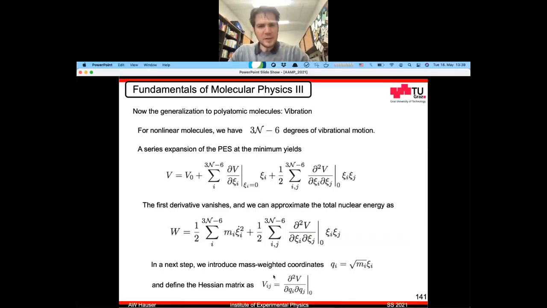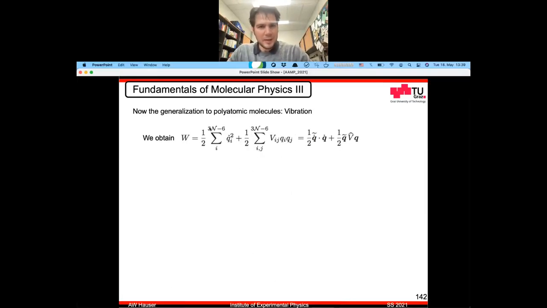And after this transformation, I'm ending up with our energy expression in these mass-weighted coordinates, which are written as q. And so I have for the energy these two contributions. One is the kinetic energy, and the other is this potential term, which is here abbreviated as V_ij, right?